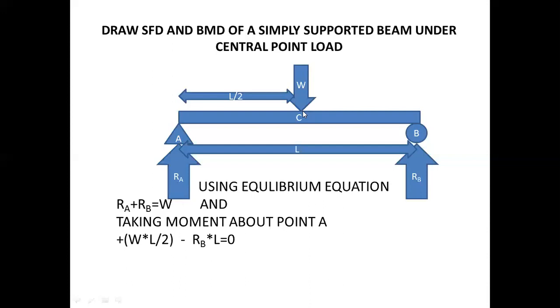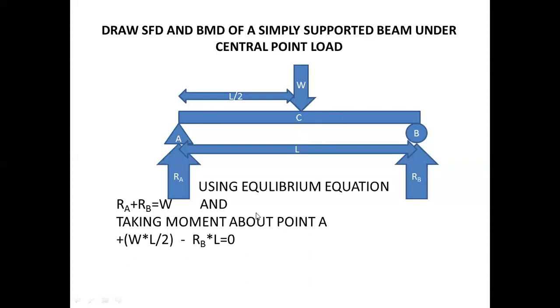Next is W. W will produce a clockwise moment about the point A. Clockwise moment we take as positive. So W multiplied by L/2. Then RB will produce an anti-clockwise moment about the point A. So minus RB into L is equal to 0.